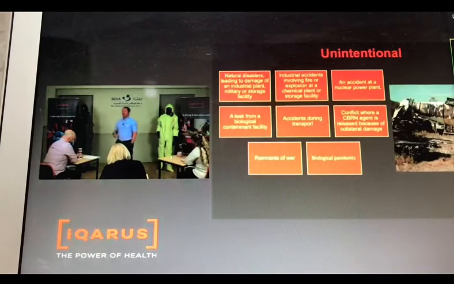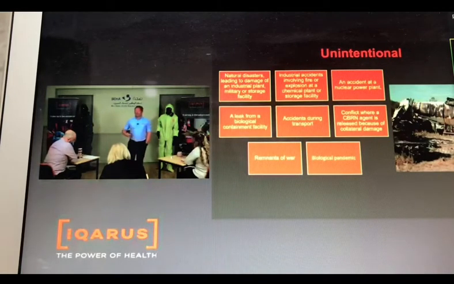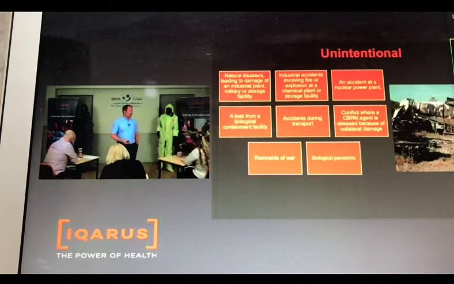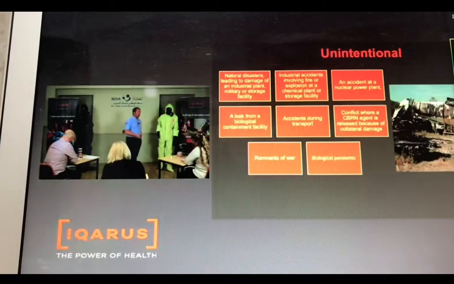So it could be something from a conflict that happened many, many years ago. It's been left, somebody finds it, accidentally plays with it, tampers with it, kicks it, that could release that CBRN agent. Or biological pandemics. Due to the way we move around the globe and the rise in populations, pandemics now spread very quickly, and we're seeing that now.